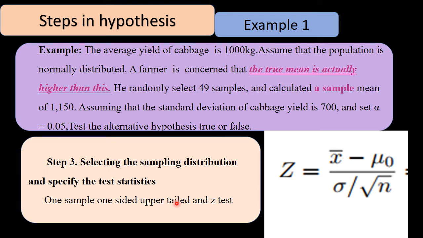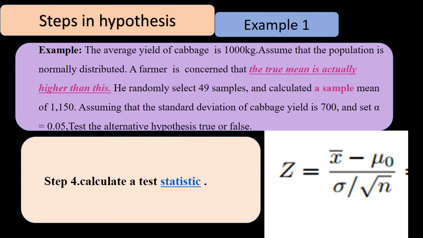One-sided test, that is an upper tail test, because the alternative hypothesis we are going to check is whether it is higher than the population mean. Therefore, that is an upper tail test, and we are using the Z test for the mean.